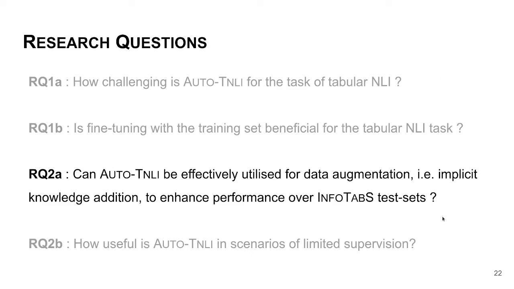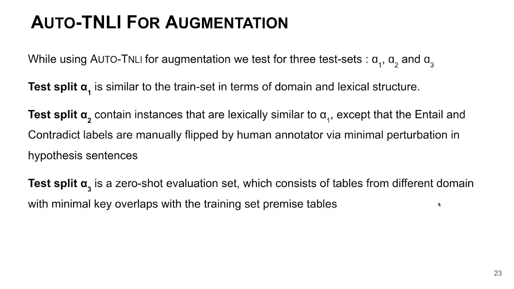Our third question is, can AutoTNLI be effectively used for data augmentation, that is implicit knowledge addition, to enhance performance over InfoTabs test sets? So for this we had 3 test sets available to us from the InfoTabs dataset: alpha 1, alpha 2 and alpha 3.